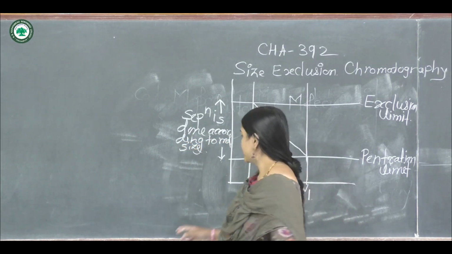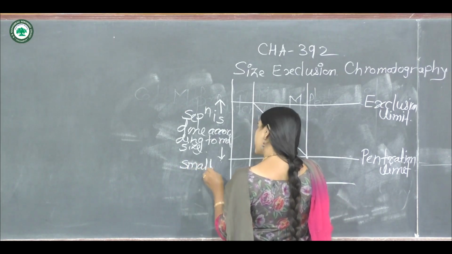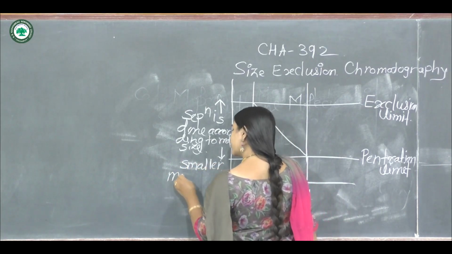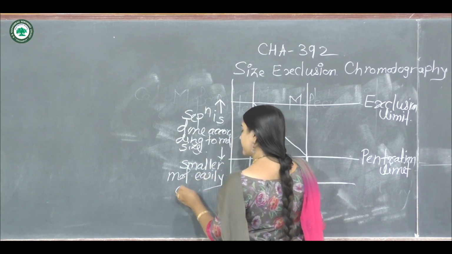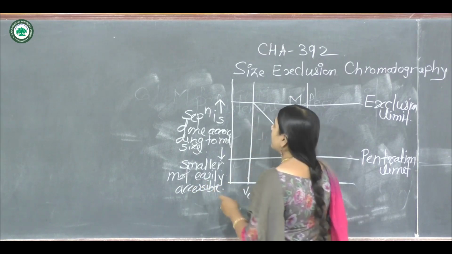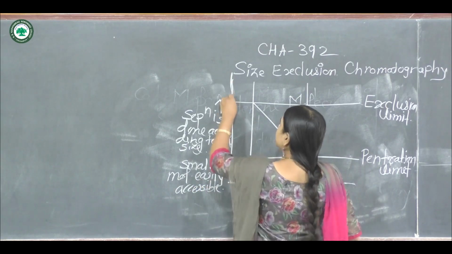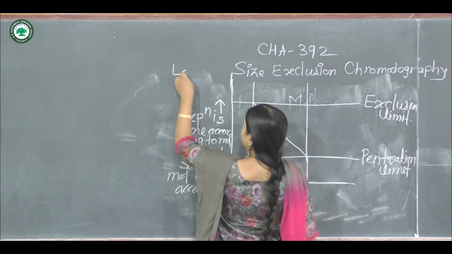Then the lower region represents the smaller molecules which are easily accessible. And the upper region represents the large molecules which are excluded.